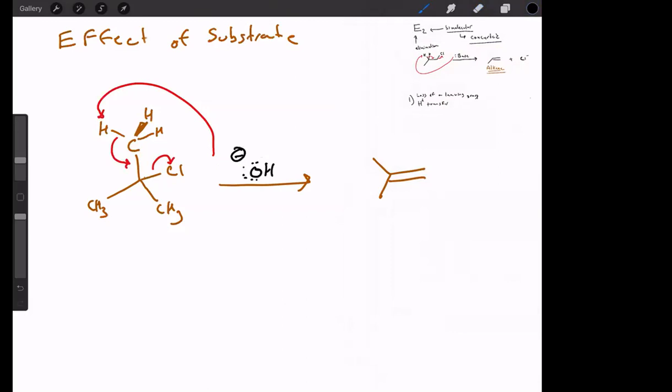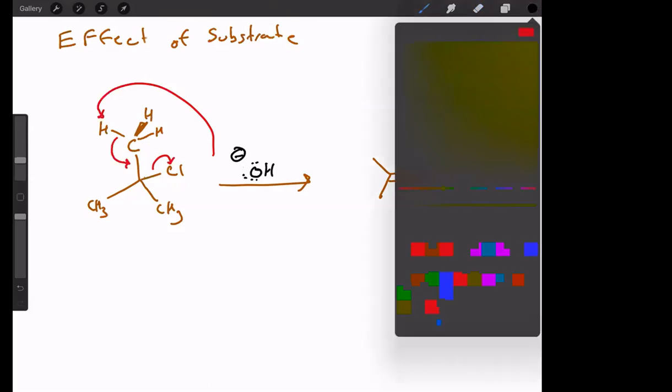We showed hydroxide ion acting as a nucleophile, but remember, hydroxide is also a base. And so hydroxide is the first example where you have something that could be both a base and a nucleophile. Well, what did we say the problem with hydroxide acting as a nucleophile was?